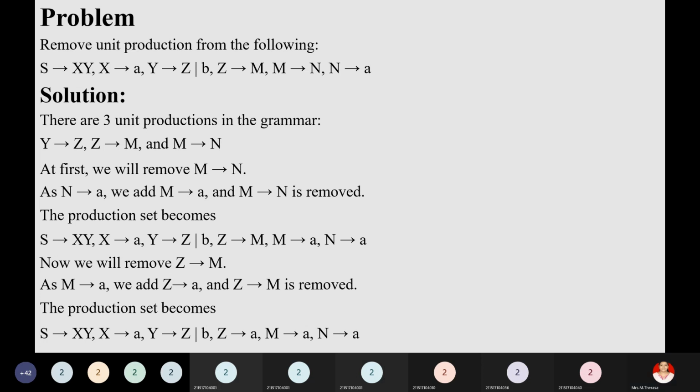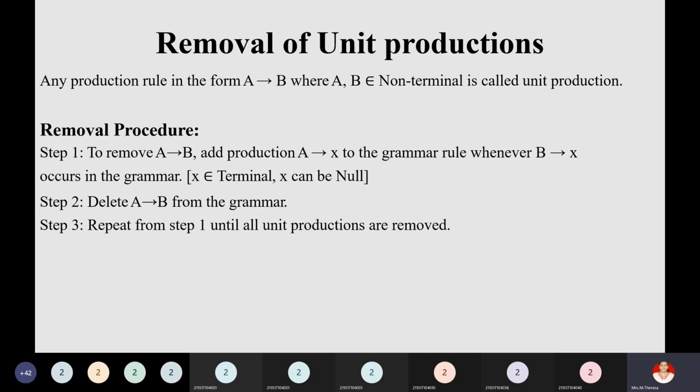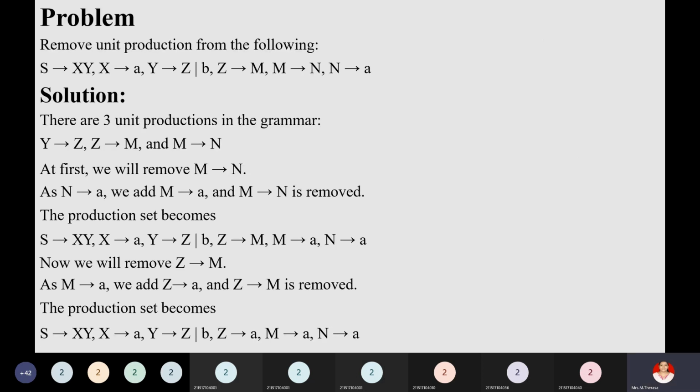What is the reason? A non-terminal tends to another non-terminal is called a unit production, isn't it? Any production rule in the form A tends to B, where A, B belong to non-terminals. Taking that into consideration, you can understand Y tends to Z, Z tends to M, M tends to N are the unit productions.